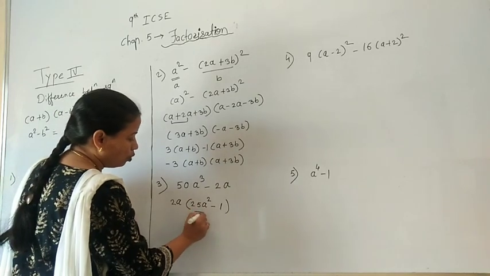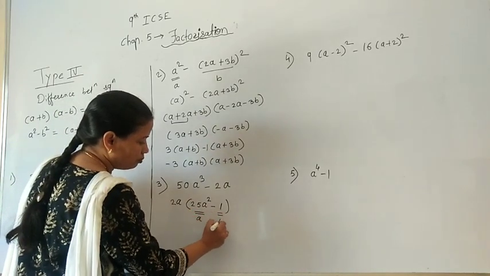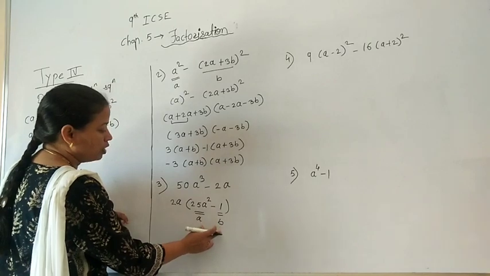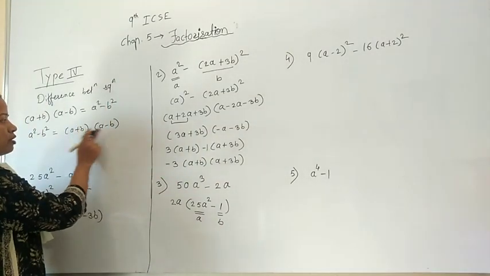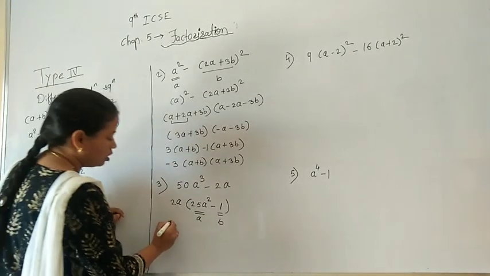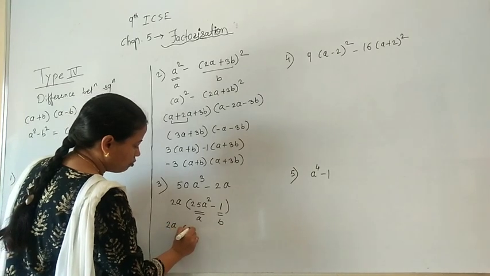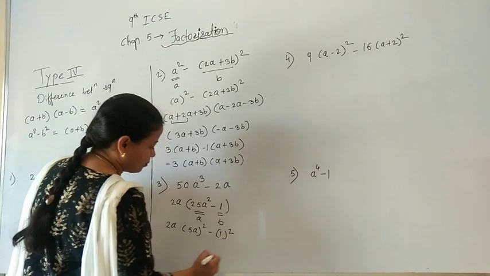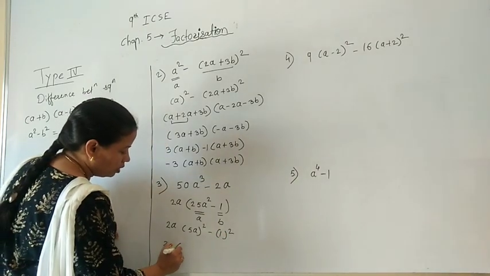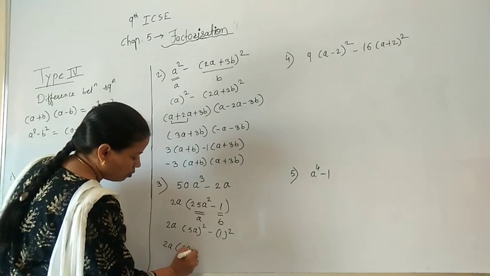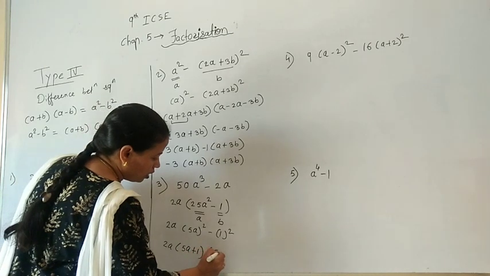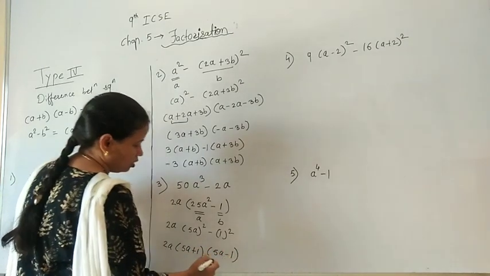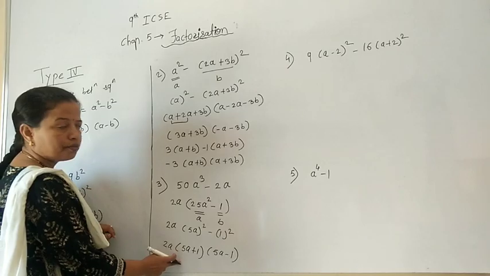Now consider this whole term as a and this term as b, and we have to convert this into these two brackets as factors. So find out the root first: 5a square minus 1 square. Now 2a is common, 5a plus 1 and 5a minus 1. So this is your answer.